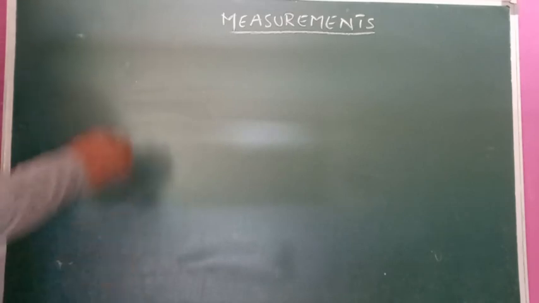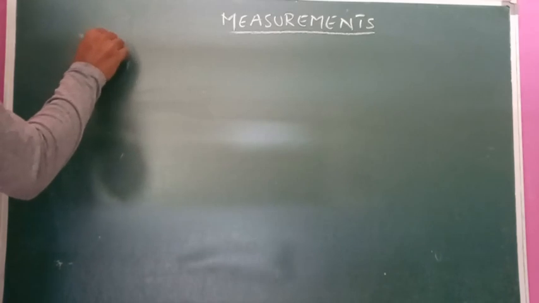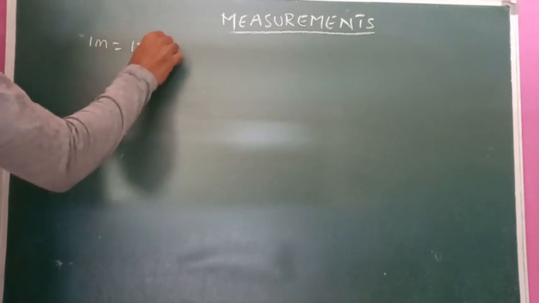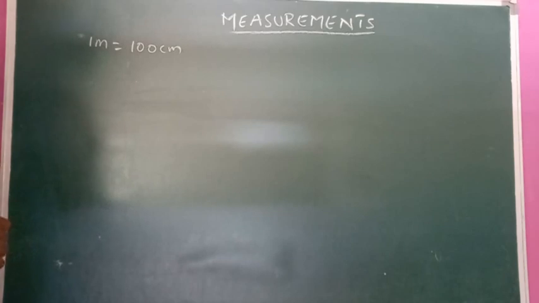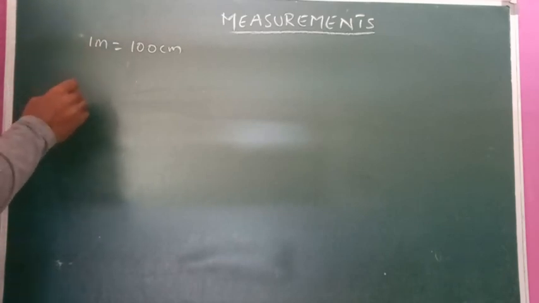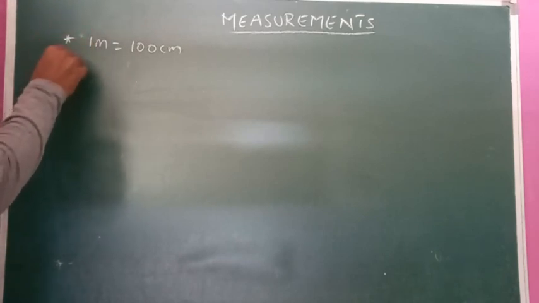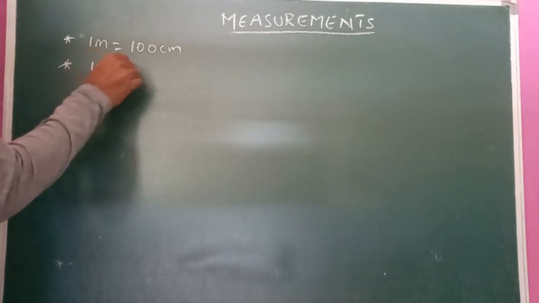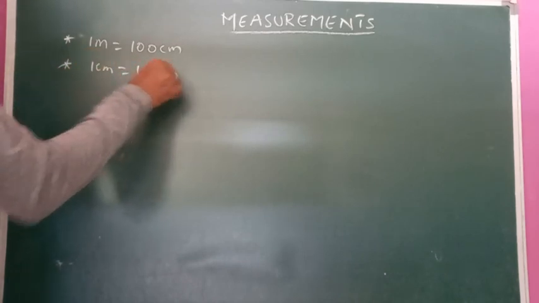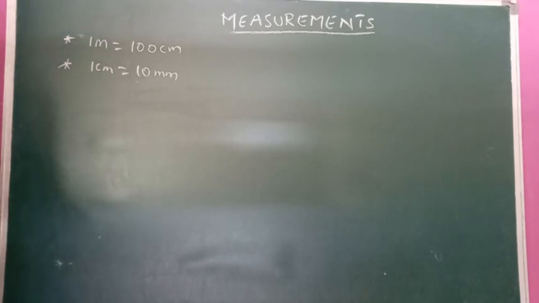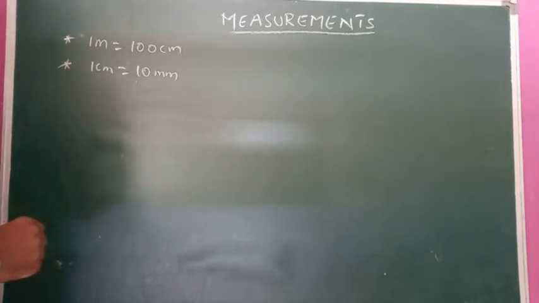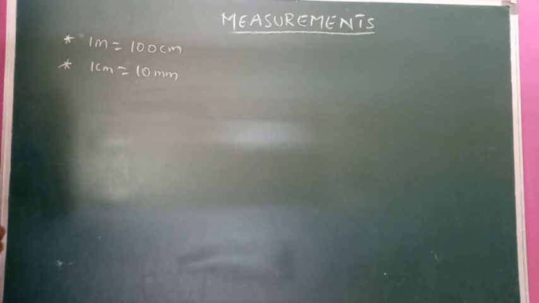So 1 meter is equal to 100 centimeters, and 1 centimeter is equal to 10 millimeters.